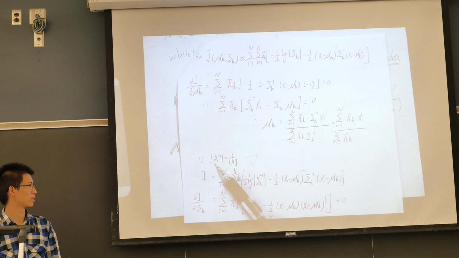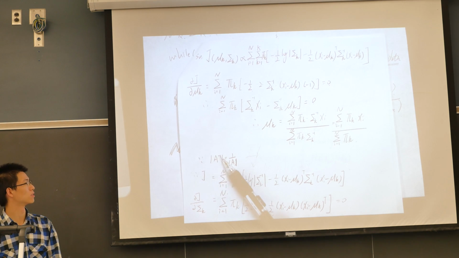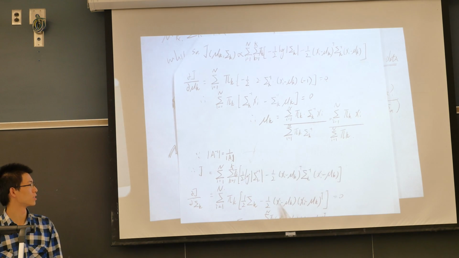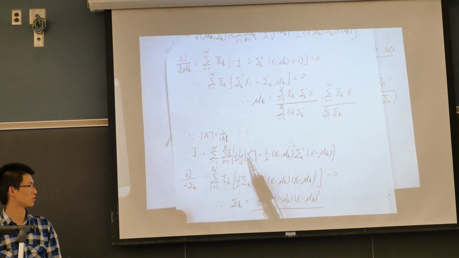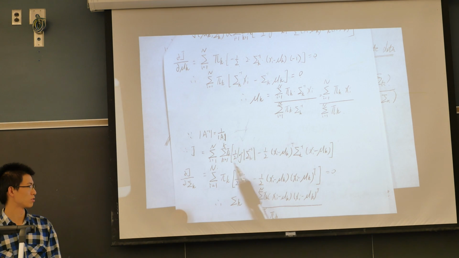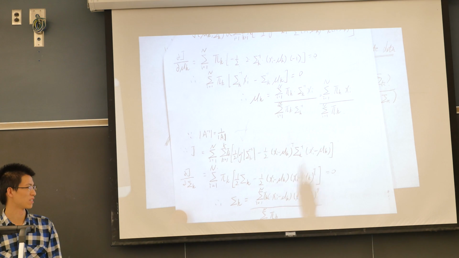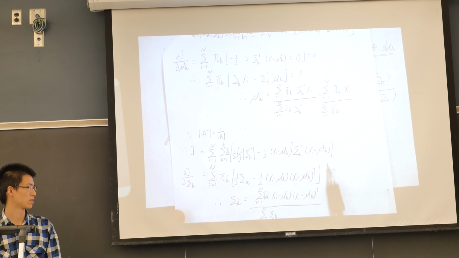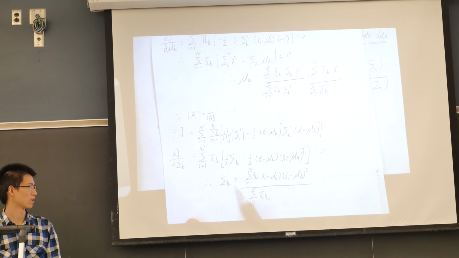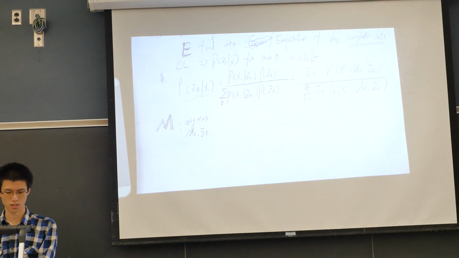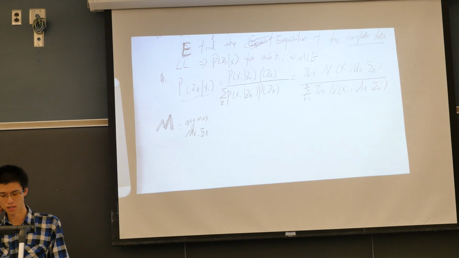The trick is that the absolute value of this capital A here is equal to this, such that you can go from here to here, and you can do the derivatives and reduce this thing to this. And there is a formula that gets you from here to here. Setting it to 0, you can get the closed form solution of sigma k. So that pretty much is what the M step and E step are.